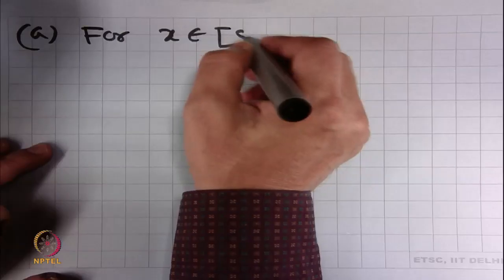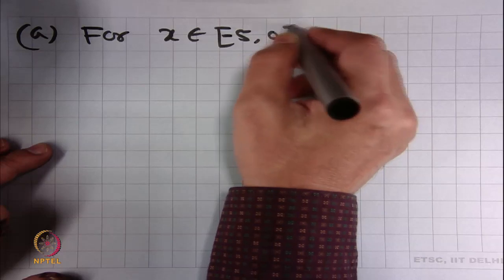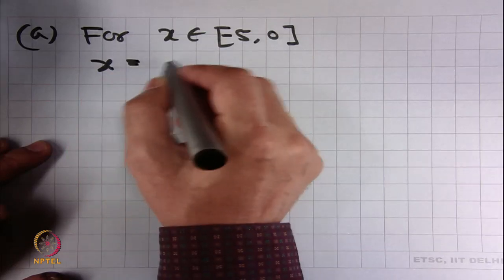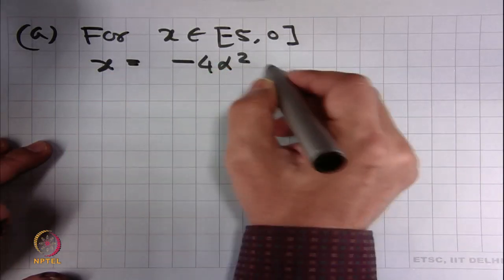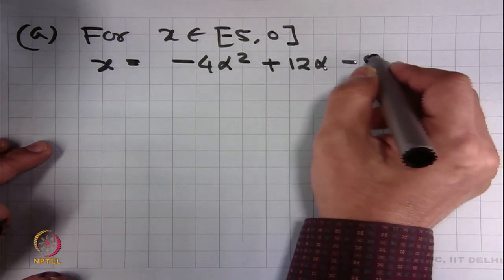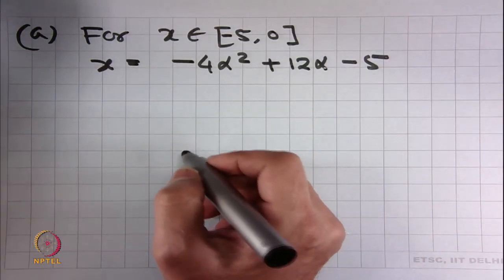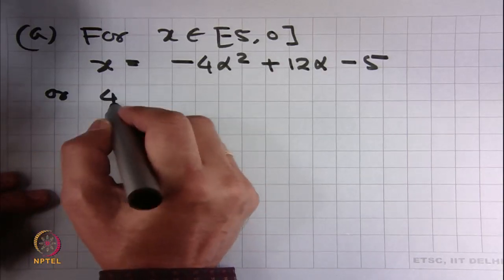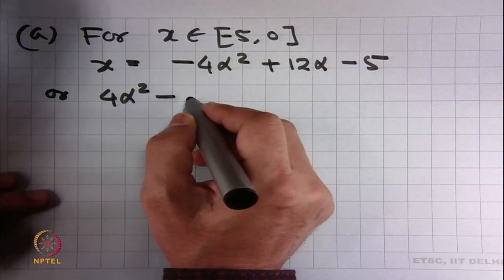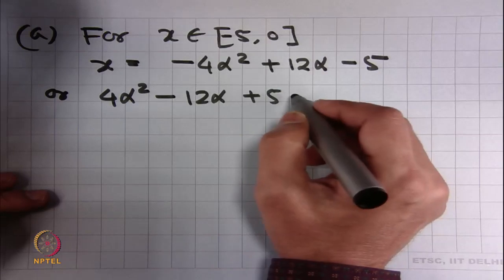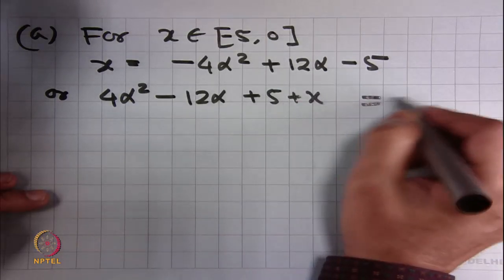For x belonging to minus 5 comma 0, the equation is minus 4 alpha square plus 12 alpha minus 5, or 4 alpha square minus 12 alpha plus 5 plus x is equal to 0.